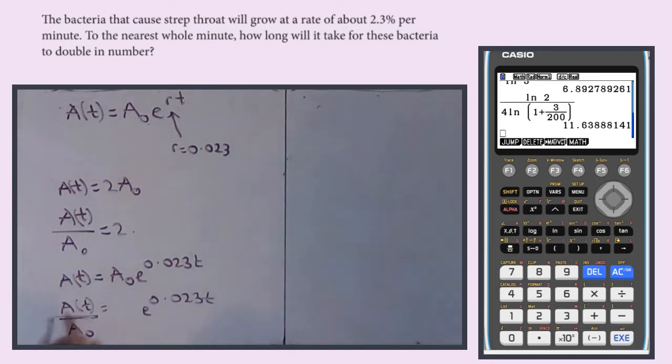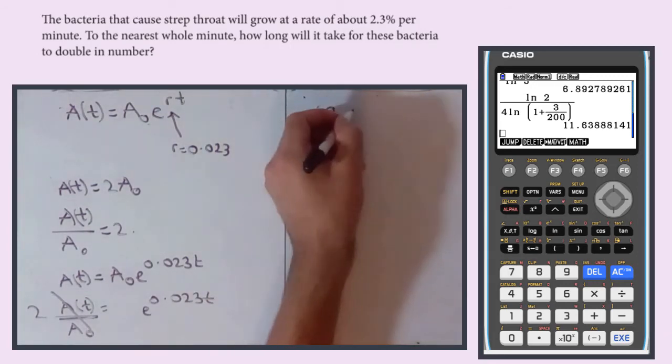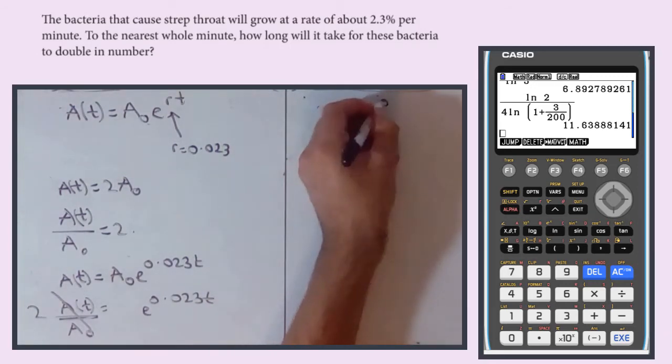So we know that At over A0 is 2 because we're looking for the time when the actual amount is double the initial amount. So we can now substitute in 2. So we have 2 equals e to the 0.023t.